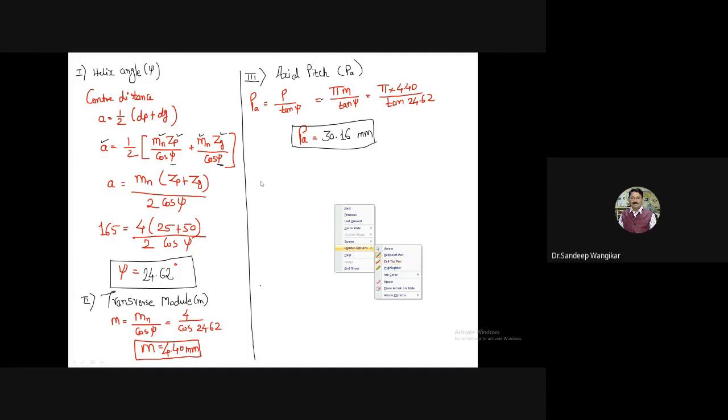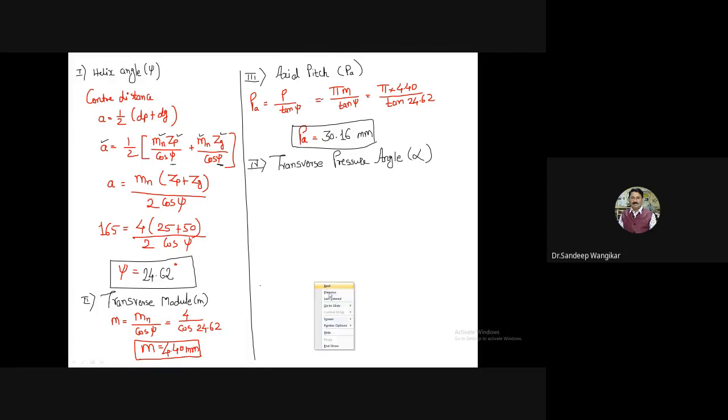Next, number 4, transverse pressure angle alpha.